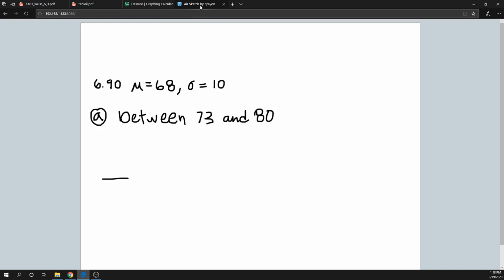It just looks like this. Right here in the middle, the mean would be 68. I don't really want to write that, because we really want to focus on 73 and 80 first.